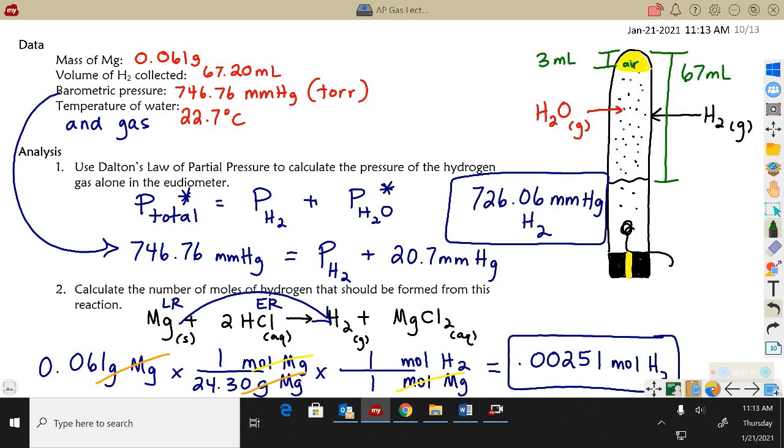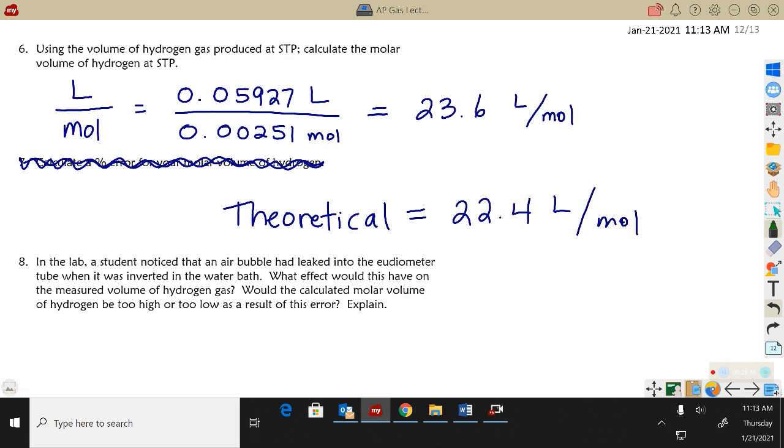Well, really then I may have only collected 64 milliliters of hydrogen, and I didn't think about that little air bubble up on top. Source of error. So what effect would this have on the measured volume of hydrogen gas? In this case, maybe I measured 67, but it was only supposed to be 64. The measured volume is going to be too high. It's higher than I expect.